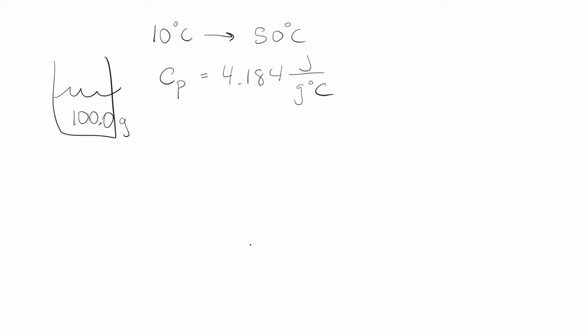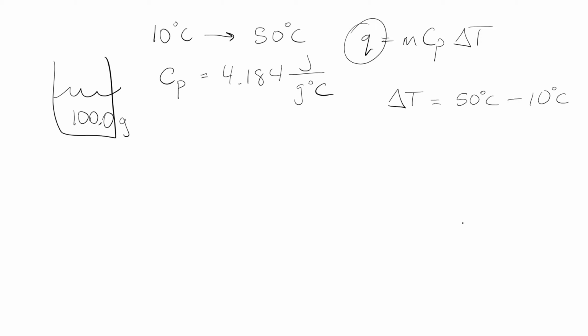So we can write our equation, Q equals m Cp delta T. We have the temperature values, Cp, and mass, so all we have to do is find heat. The change in temperature is the final state, 50 degrees Celsius, minus the initial state, 10, or 40 degrees Celsius.